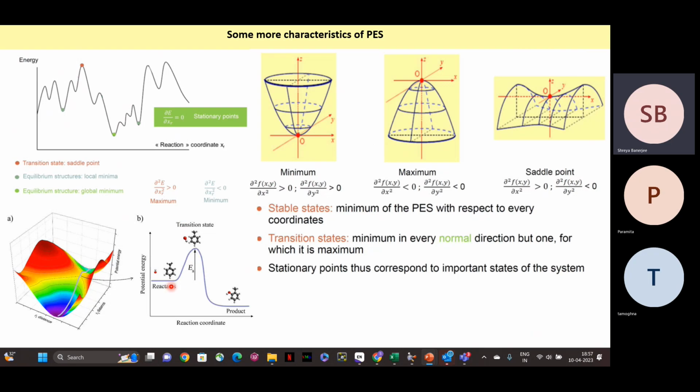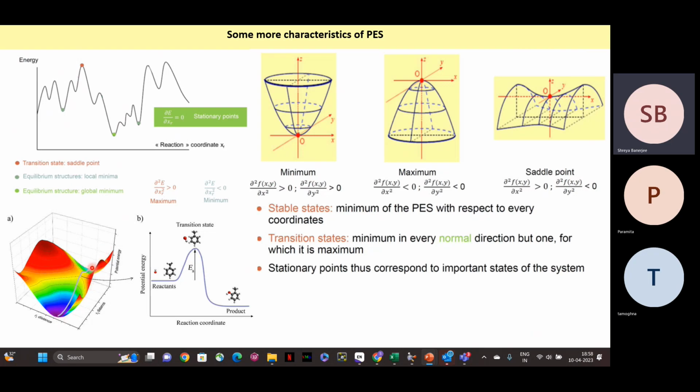So in this slide, if you look at this energy profile diagram, you can see this gray line over here. On one side of the gray line is the reactant. This is called the saddle point or the transition point. And this is the product.